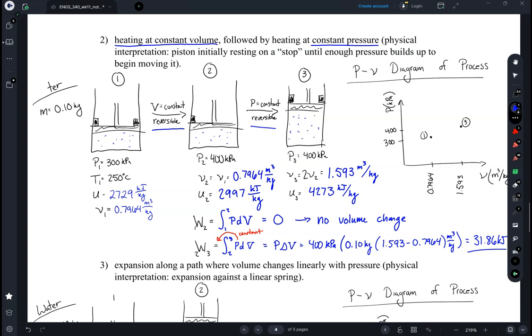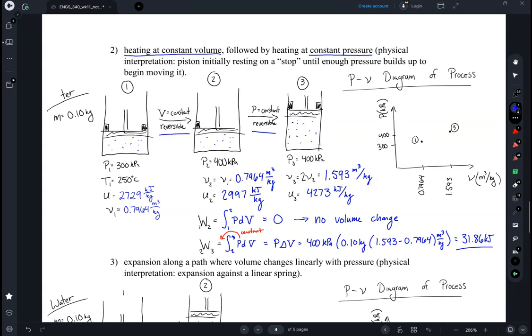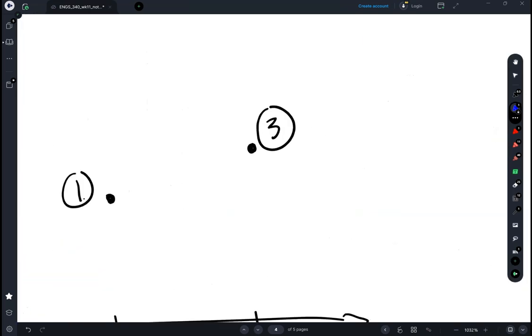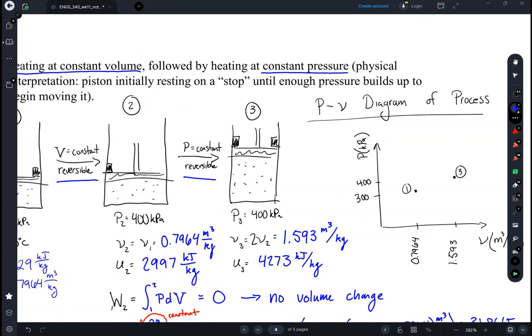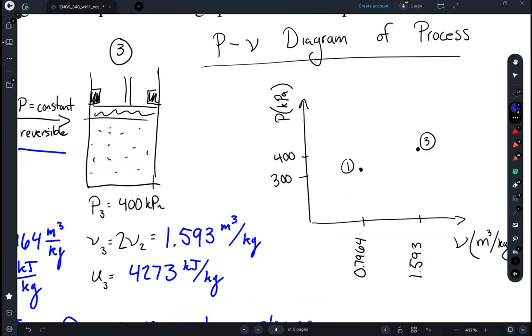If we graph that here, we first from 1 to 2 have a constant volume process. Then from 2 to 3, we have a constant pressure process. As before, the work is the area under the curve here.